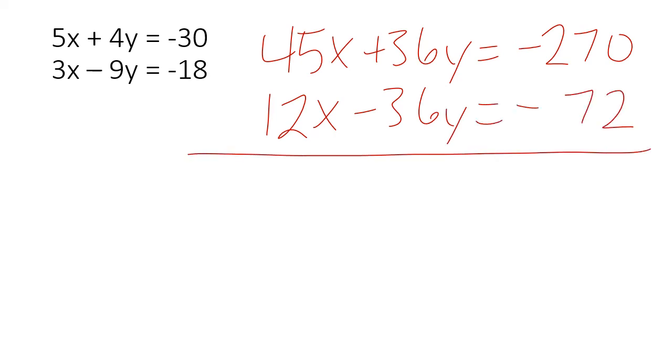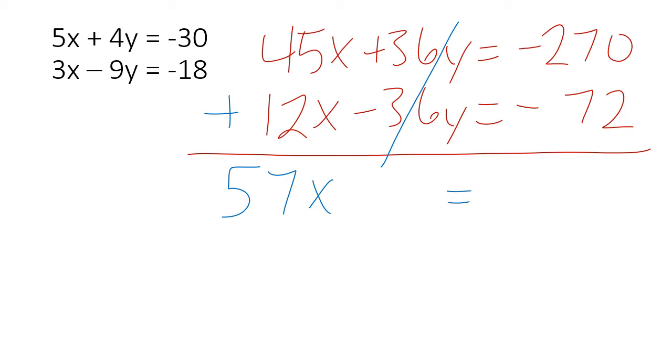All right, so because I have positive 36y and negative 36y, I can add this. So 45x plus 12x, the x's here, is going to be 57x. And this is going to become 0 equals negative 270 plus negative 72.